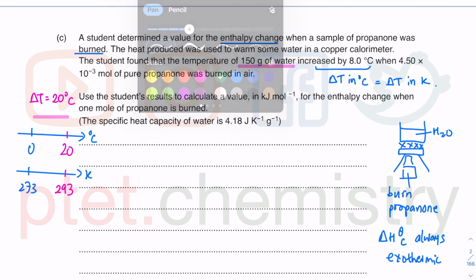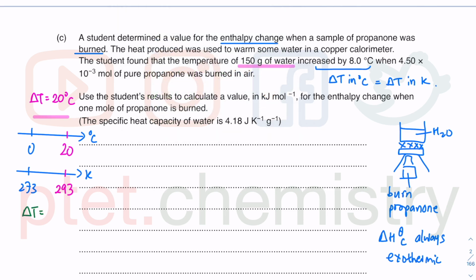But for Kelvin, it's 293 minus 273, which is also 20 Kelvin. So be aware that change in temperature is the final minus the initial. Change in temperature in degrees Celsius is the same as the change in temperature in Kelvin. There is no difference whatsoever there.